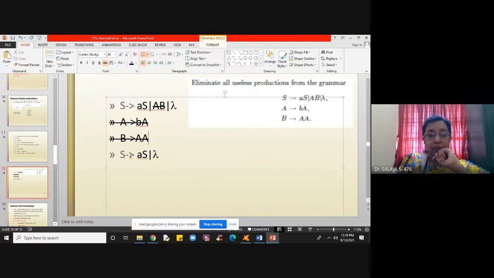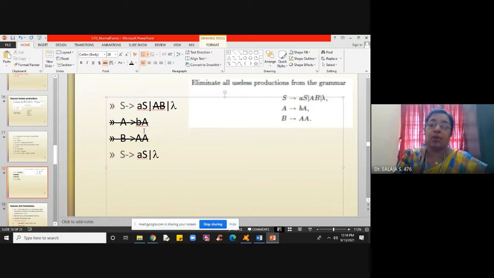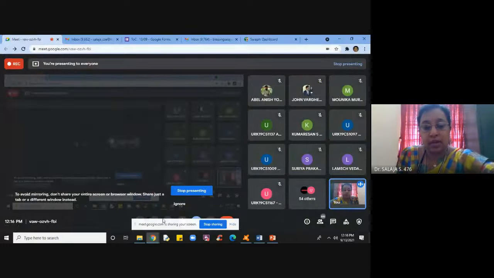So I'll repeat. BA is being deleted or removed because on any number of iterations, it will generate a variable in its sentential form. Now, what about B produces AA? That also is removed because this will produce only AA, which can also be deleted. So that is how useless productions are deleted. If you have any clarifications, you can ask me.